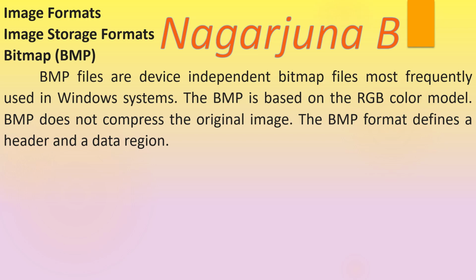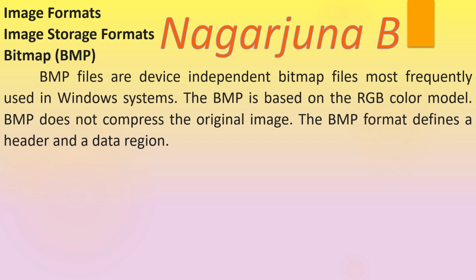It will have bitmap, BMP, whereas in case of a Unix operating system, X11, that is XBM and XPM, whereas in case of a Windows operating system, it is BMP. The BMP is based on the RGB color model.